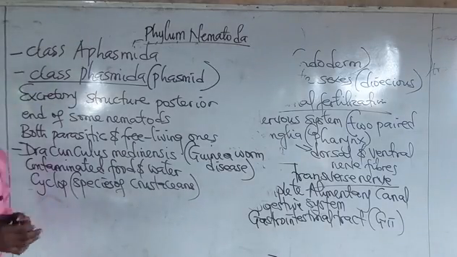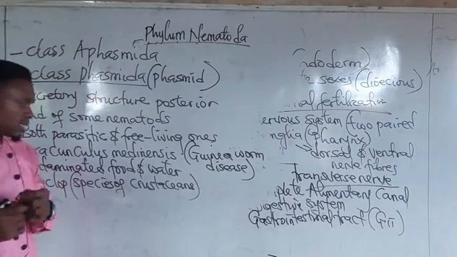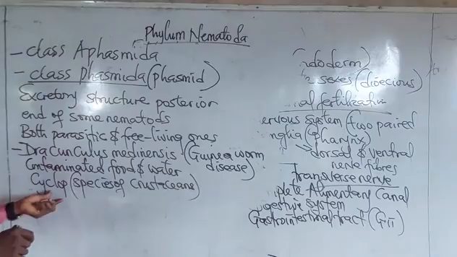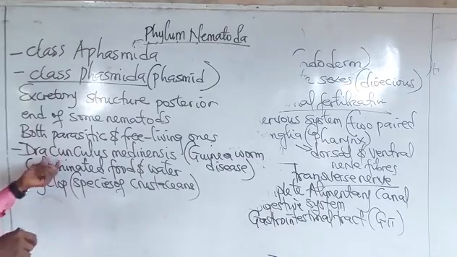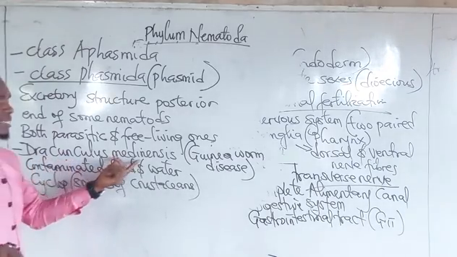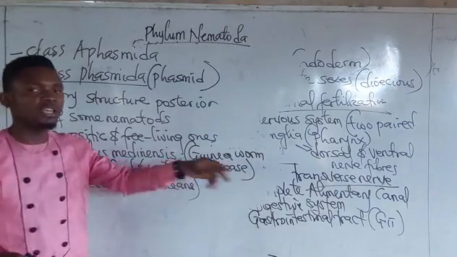So when a person ingests water or food contaminated with cyclops, which is the infective stage, such a person tends to have Dracunculus medinensis, the organism that causes guinea worm.